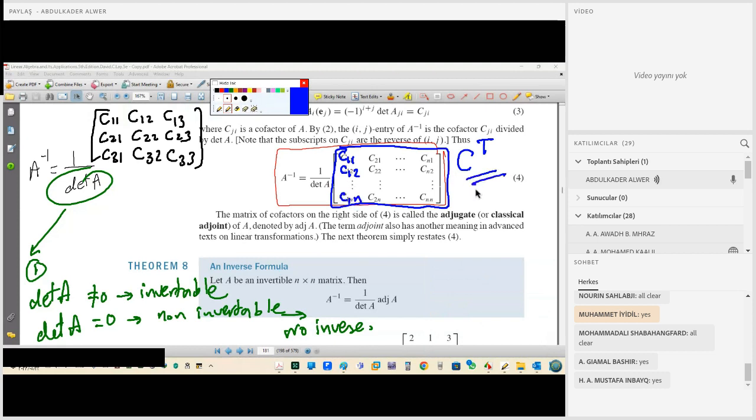So here we have to make the transpose of the matrix. This will be C T. Take care, this is another trick. So here we have two tricks. First one, calculate the determinant and it shouldn't be 0. Second one, calculate the cofactors C11, C12, and so on. And after that, make the transpose of this.